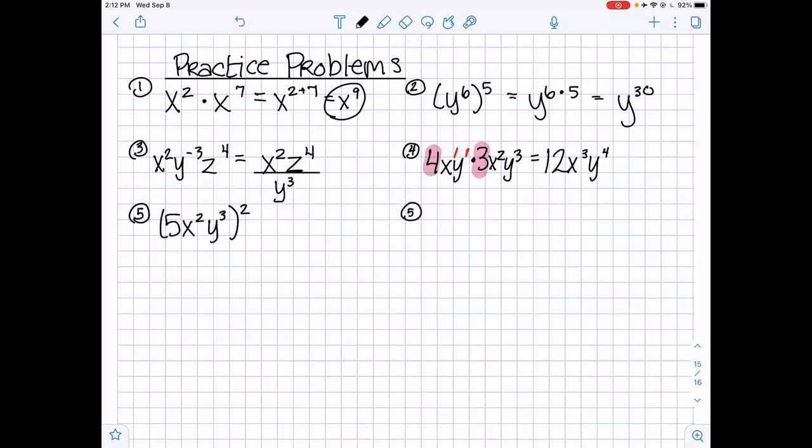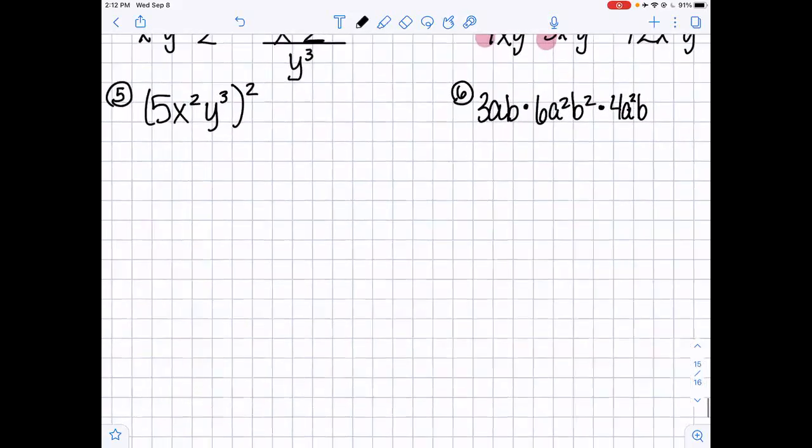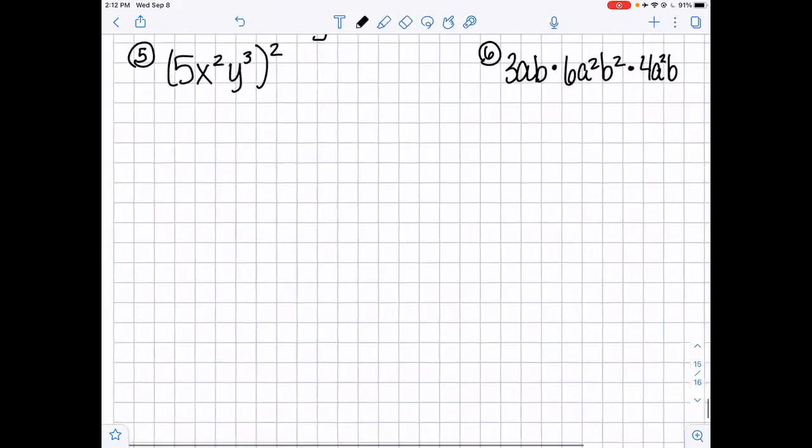Don't forget to square the 5. 6. 3ab times 6a squared b squared times 4ab, oh, a squared b, sorry. Okay, try 5 and 6. See what we can do.